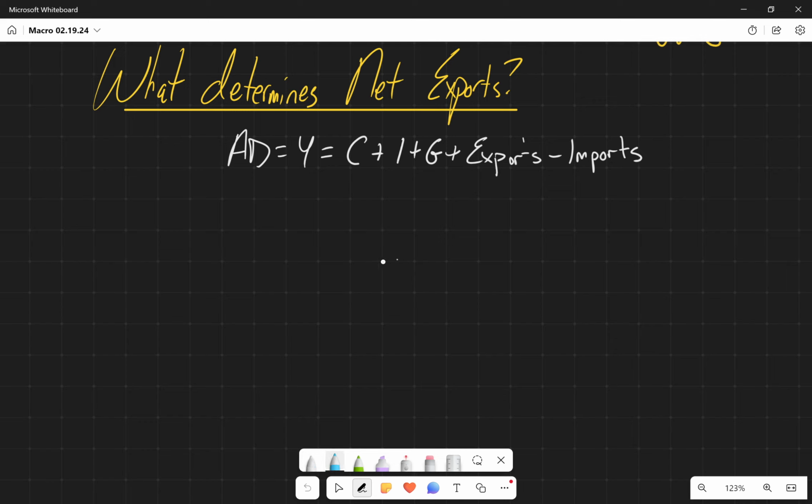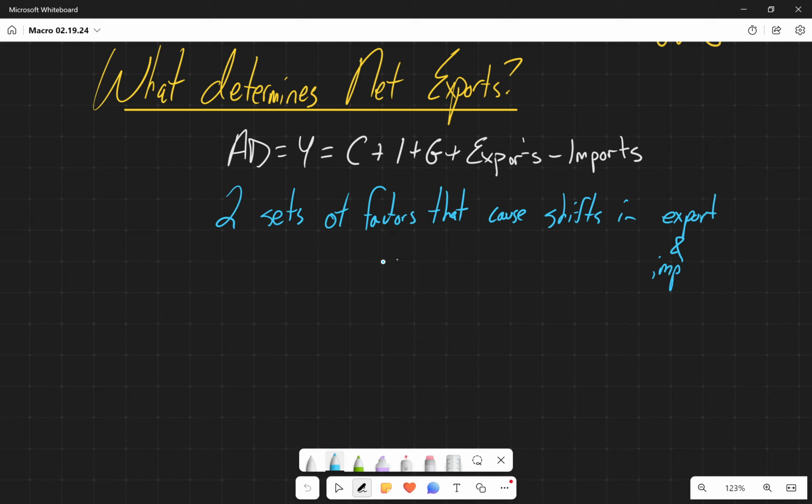And broadly speaking, there are two sets of factors that cause shifts in both the export and the import demand. The first one is the change in relative prices between the countries.